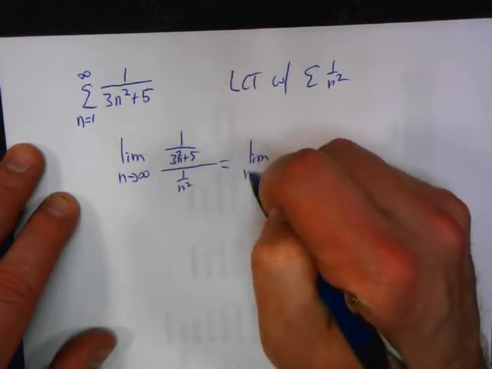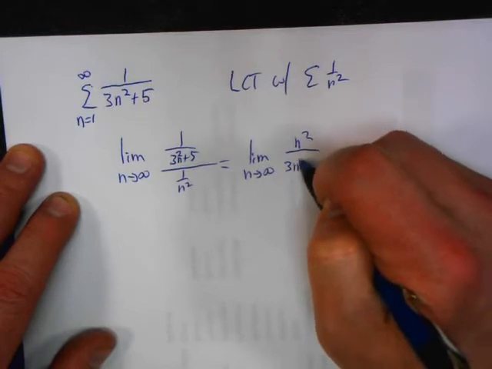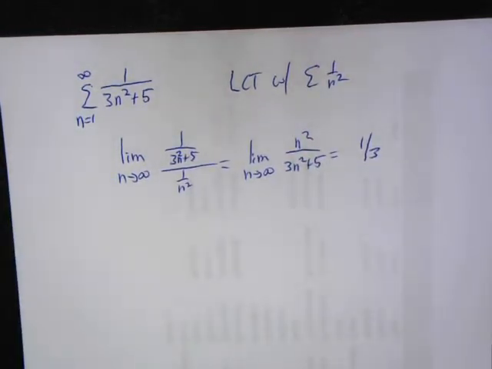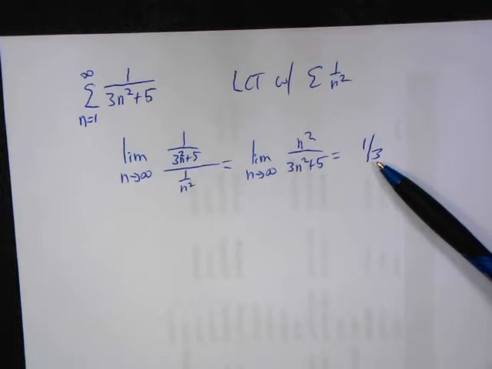That's the limit as n goes to infinity of n squared over 3n squared plus 5, which this time we get 1/3. Does it matter that we get 1/3 instead of 1? No, because what did we need to end up with? A number except for 0. If you get 0, the test fails.